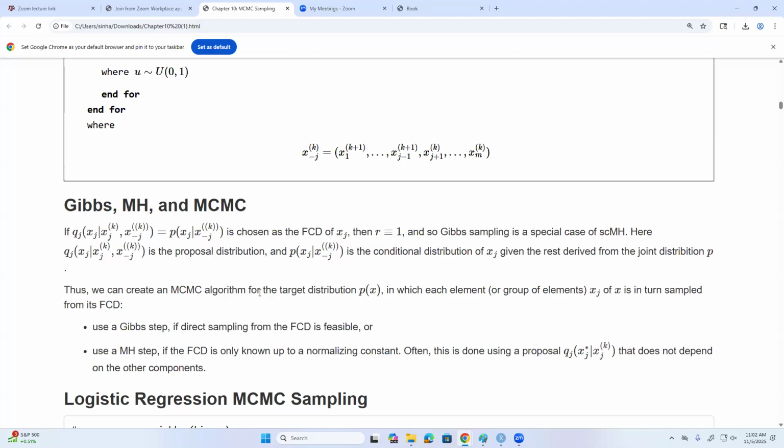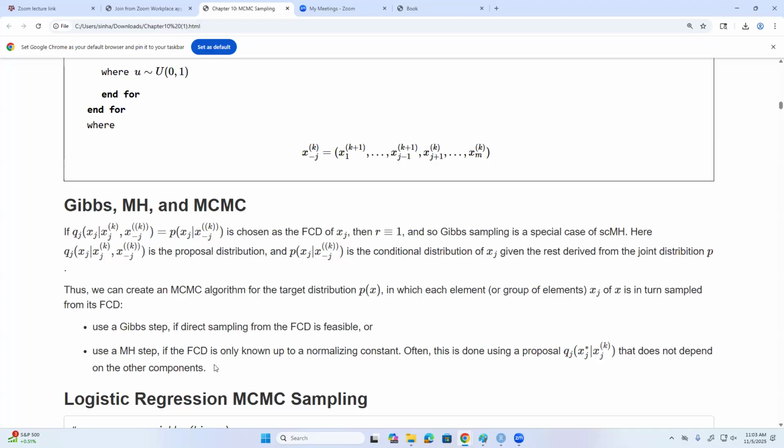Thus, we can create an MCMC algorithm for the target distribution P, in which each element xj of x is in turn sampled from the full conditional distribution. Use a Gibbs step if direct sampling from the full conditional distribution is feasible, or use a Metropolis-Hastings step if the full conditional distribution is only known up to a normalizing constant and is not feasible to sample. I forgot to write that. Often this is done using a proposal distribution that does not depend on the other components.